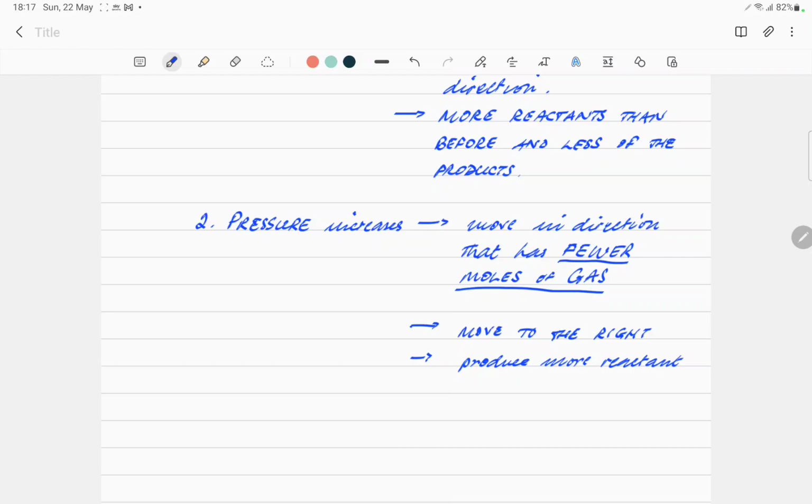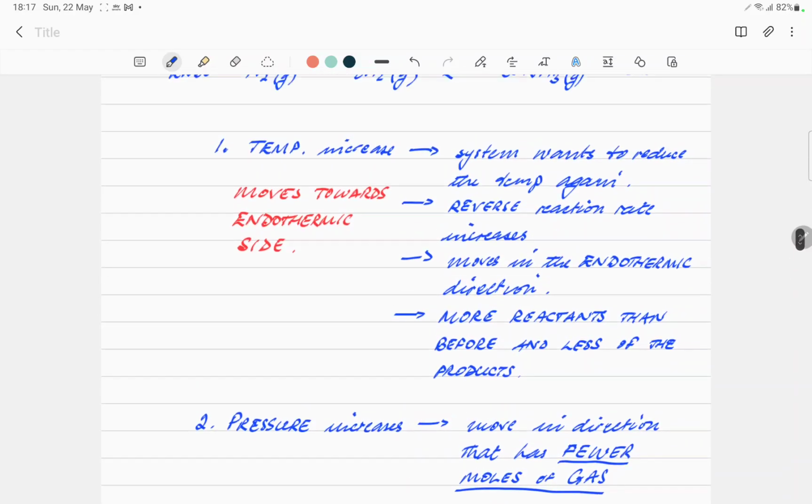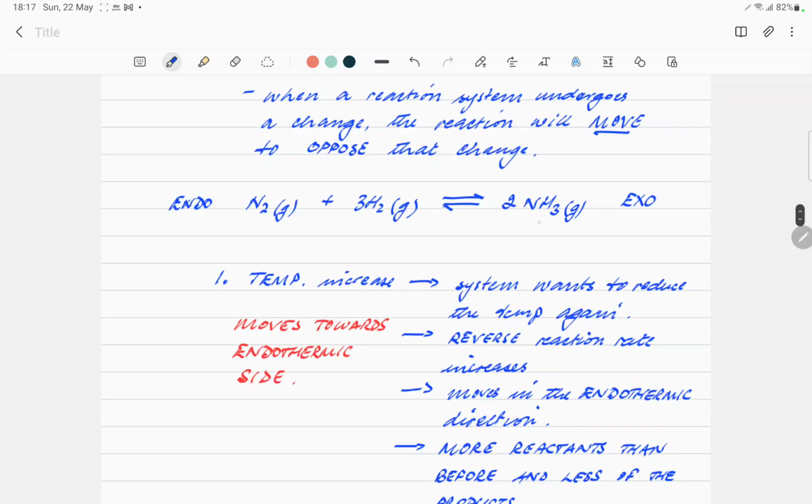It always goes to the side with fewer moles of gas. If there were any solids in here, for example, they don't count. You only look at the moles of gas on both sides. All right.